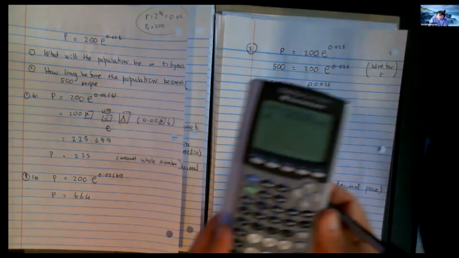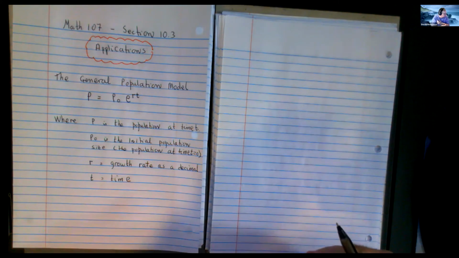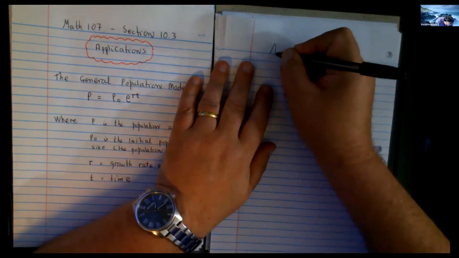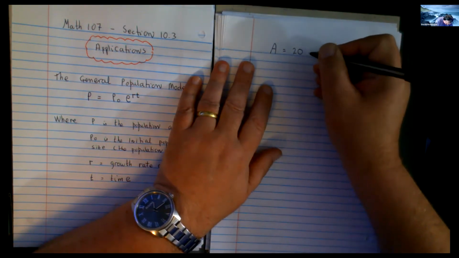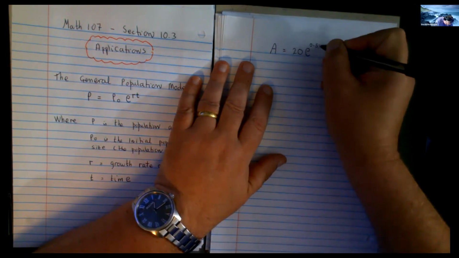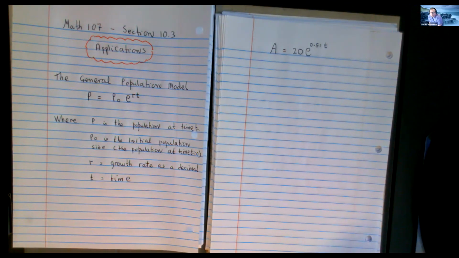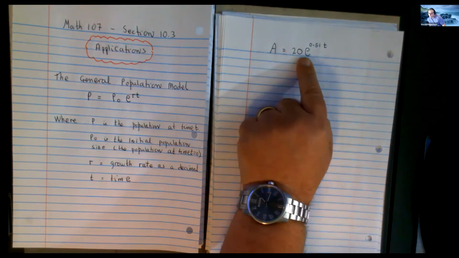So let's create another one of these, and I'll do a couple of questions with it, and then we'll start looking at their ones. Right, here is a model that is representing an epidemic. The amount of people who have the disease is given by this formula.